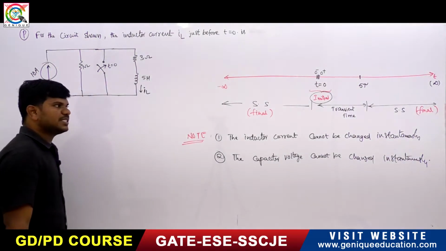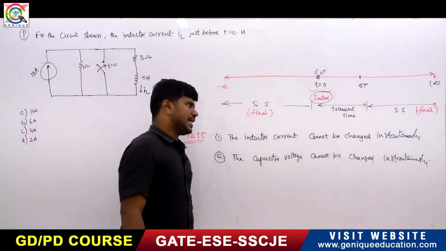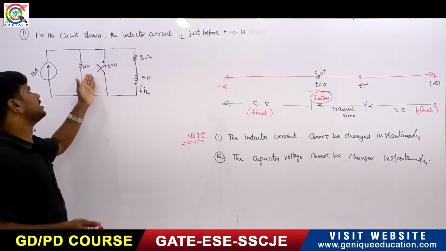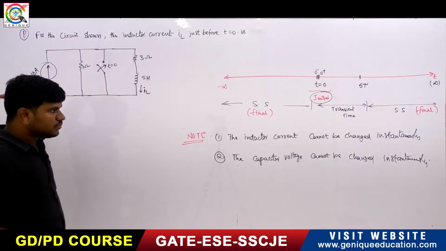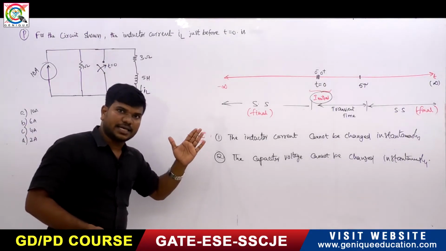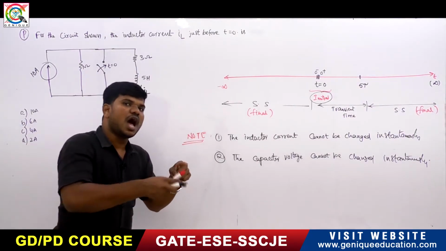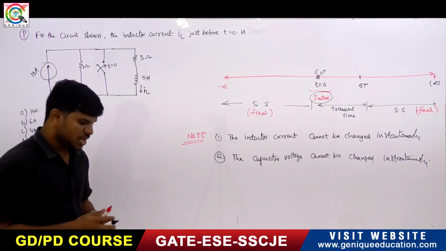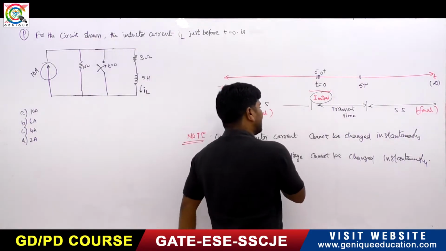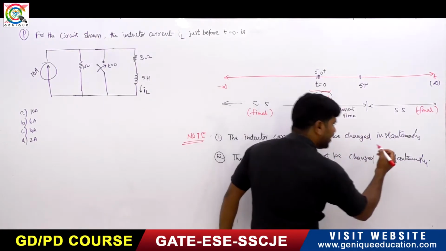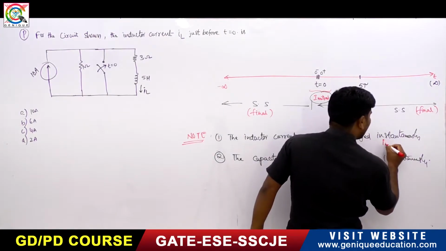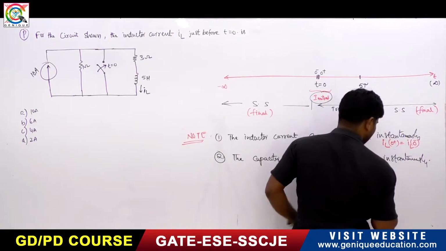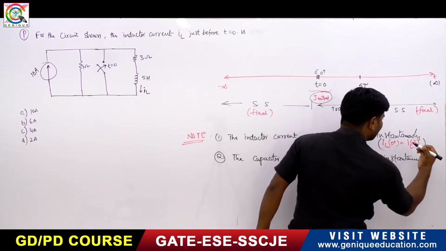Whenever the switching takes place, the current in the inductor just after switching is the same as just before switching, meaning continuous. The inductor current cannot be changed instantaneously means IL of 0 plus is equal to IL of 0 minus. This is the point you have to understand.